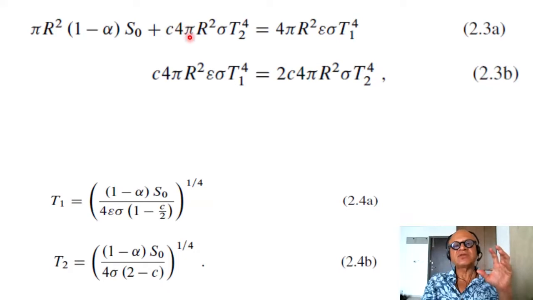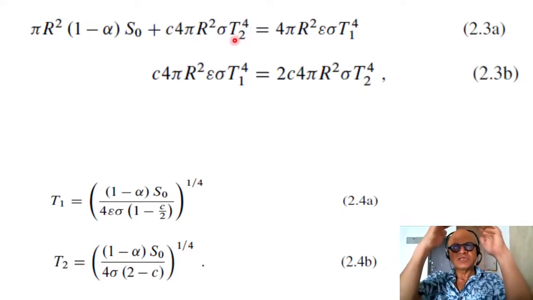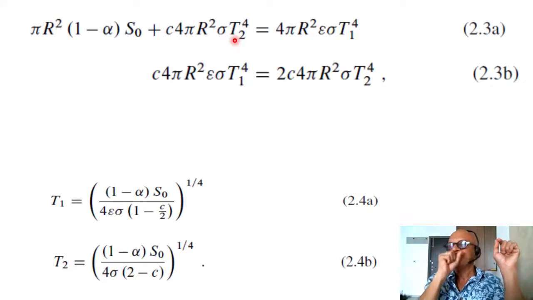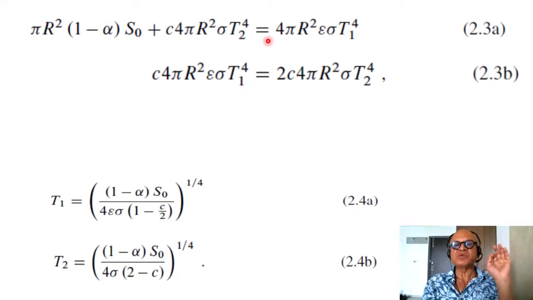So we are getting back to the surface c times 4 pi r squared times sigma T2 to the fourth, where T2 is the temperature of the atmosphere we have parameterized. Okay, very simple, make sure you understand.